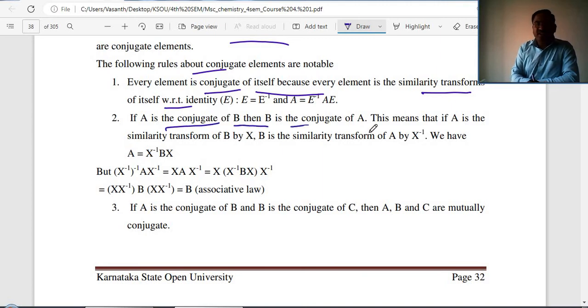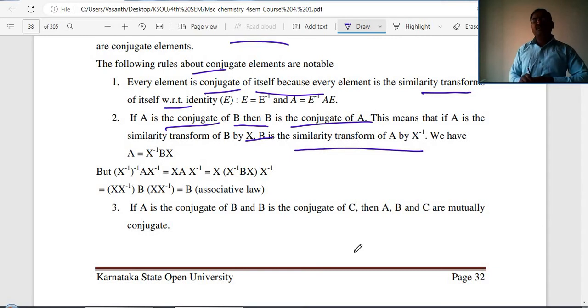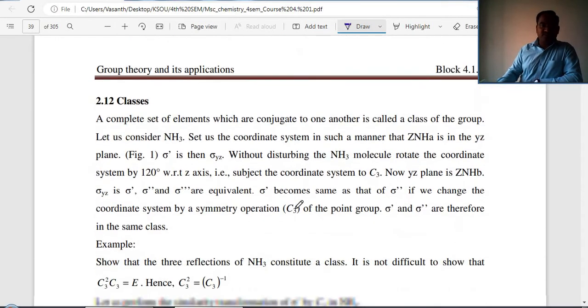If A is the conjugate of B, then B is the conjugate of A. This means that if A is the similarity transform of B by X inverse, then A is equal to X inverse B X. It follows associative laws.